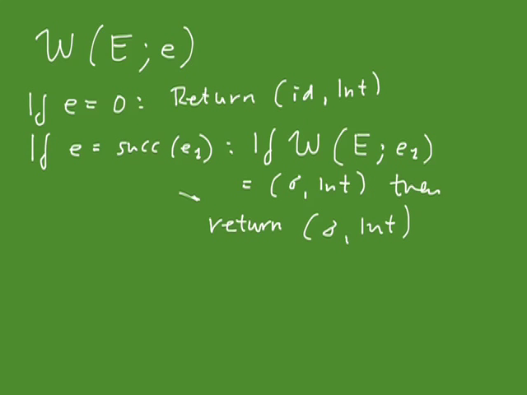And if it doesn't return sigma and int, if the type of E1 is found to be bool or something else that's not an integer, we fail.